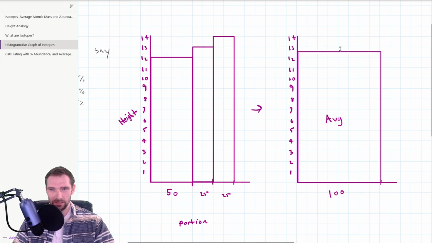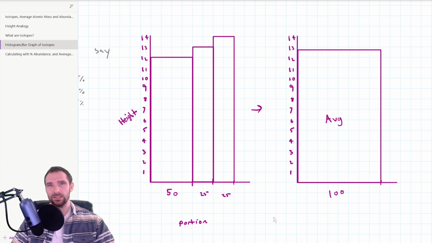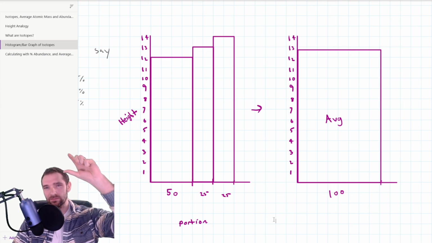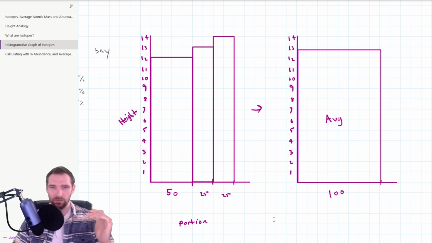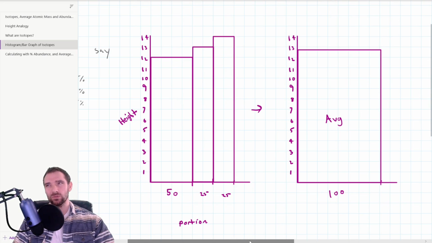It should probably actually be more like right there, I believe. You can think of an average as taking the largest numbers and making them smaller, and taking the smallest numbers and making them bigger until they're the same height. You can think about that as cutting off some of this height and moving it over there until we get to the same height. That's just a nice visual way of thinking about these problems.